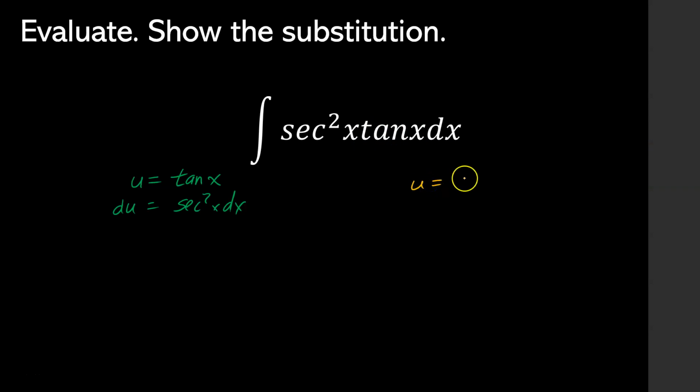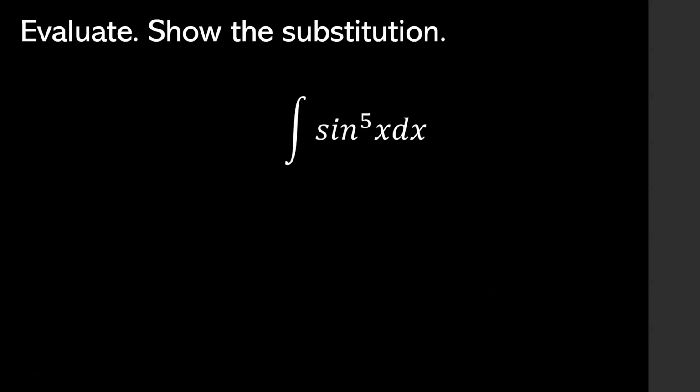U could be secant of x, which would make du secant x tangent x. Those are going to both work out. You're going to get something slightly different, but everything is made up by the end and is explained in terms of that plus a constant. I'll let you finish that one if you want. What would you do here?